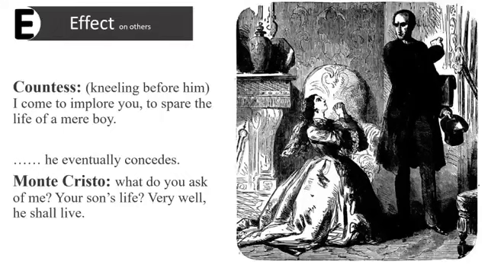E represents effect. Think about the effect of one character and his actions on another character and how other characters react and feel about him. For example, the effect the Countess of Morcerf has on Monte Cristo.